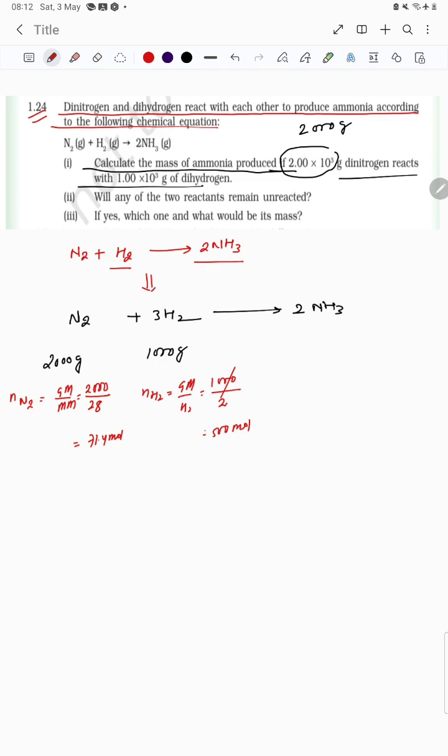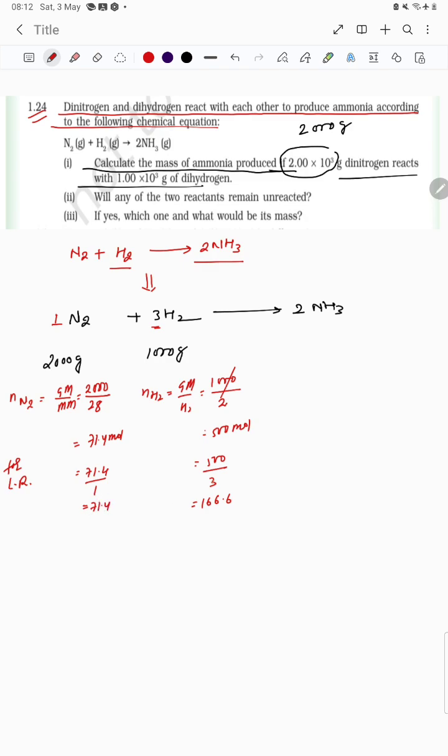Now dear student, we have to divide with the coefficient. Here the coefficient is 1 and here the coefficient is 3. For the limiting reagent, we divide with the coefficient. So that is 71.4 divided by 1 and 500 divided by 3, which is 166.6, and this is 71.4.